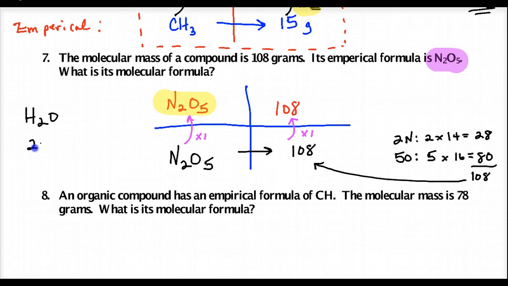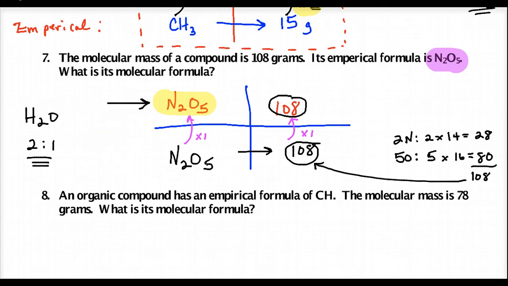It's a 2-to-1 ratio. It's already in its lowest formula, so that's water's empirical formula, but it's also its molecular formula. So there are times where the empirical mass will match the molecular mass, and that's telling you that the lowest ratio, the empirical formula, is also its molecular formula.